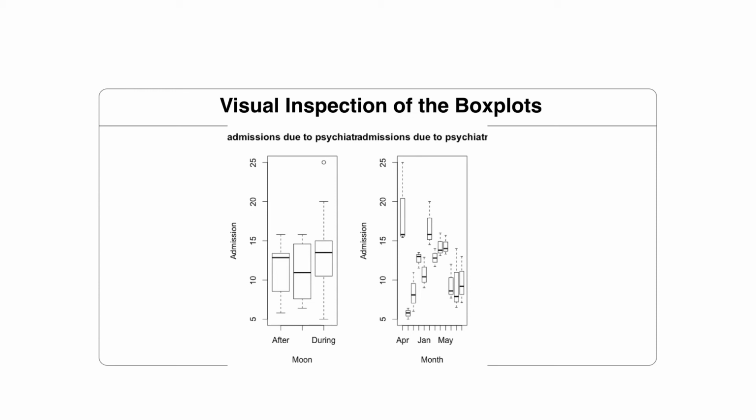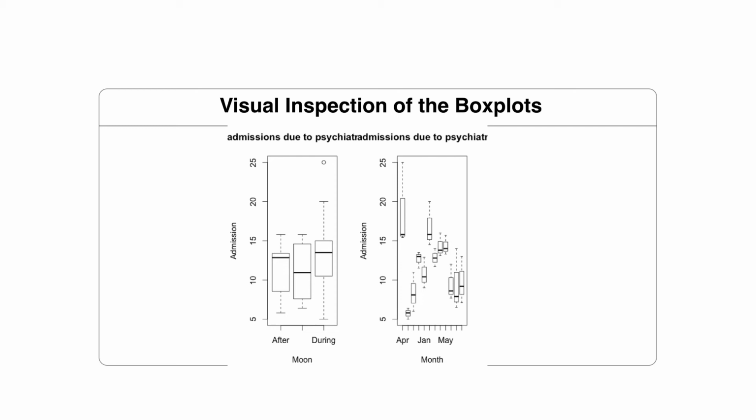You can see that there is not much of a difference in terms of people's admission to psychiatric units based on whether that was during the full moon night or after.